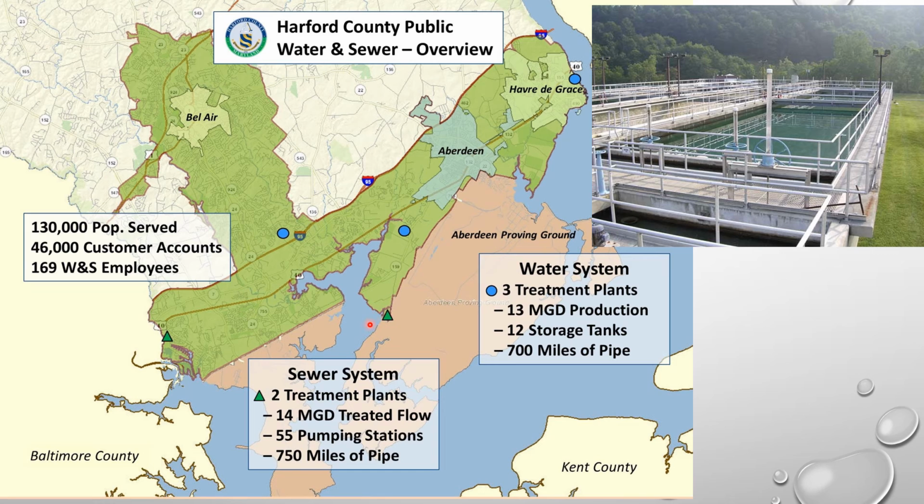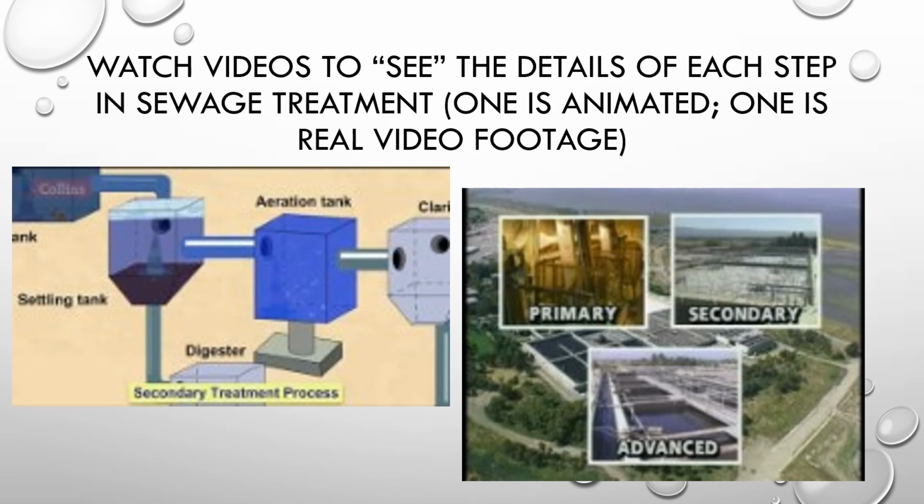So if you live in Bel Air or Aberdeen, your sewage is going to be on that pipe system that goes for miles and miles all the way to the treatment plant. How many miles? 750 miles of pipe.